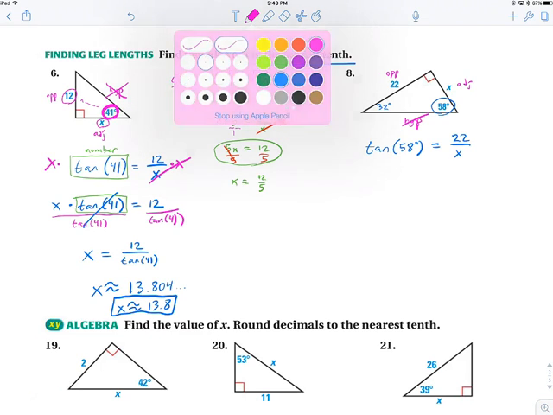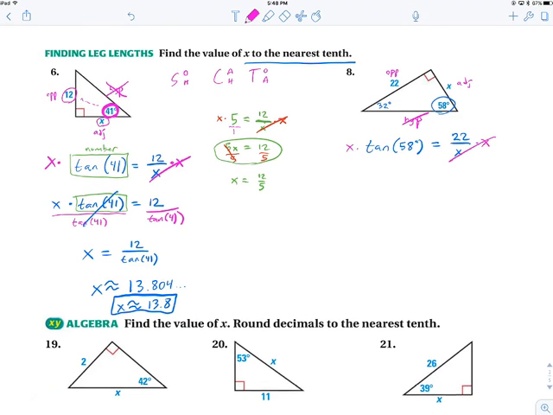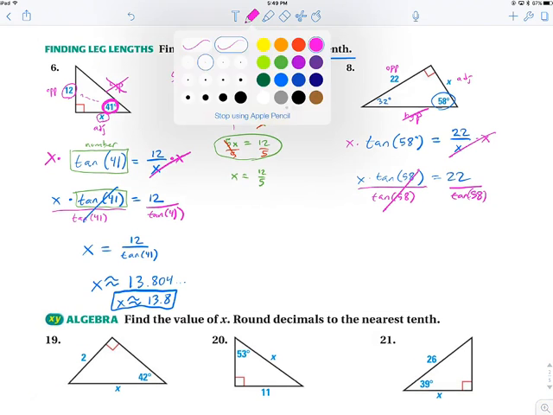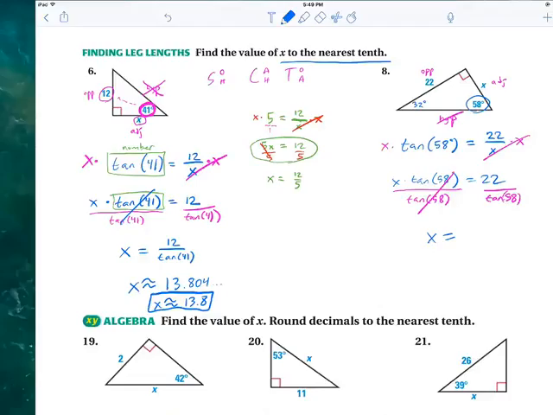I'm going to solve it the same way. I'm going to multiply by x on both sides. I'm going to get x times the tangent of 58 equals 22. Now I'm going to divide by that number. So I'm going to divide by tangent of 58, which is just a number. And so I get that x equals 22 divided by the tan of 58.